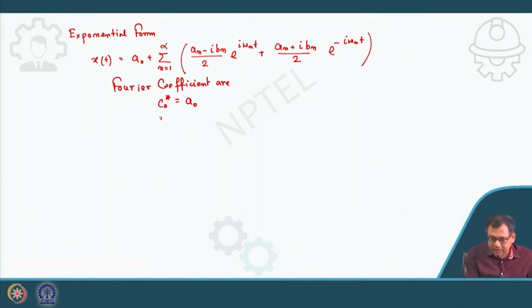Now Cn star is equal to (An minus iBn) divided by 2, and C minus n star is (An plus iBn) divided by 2.